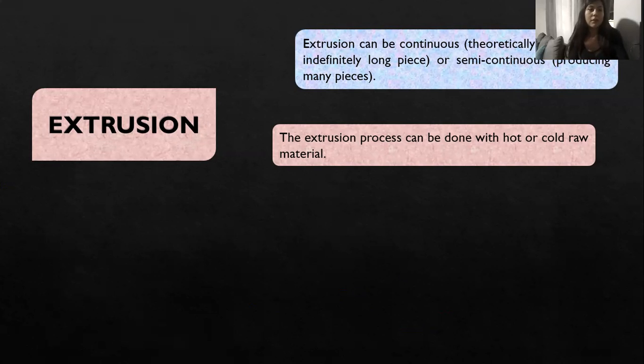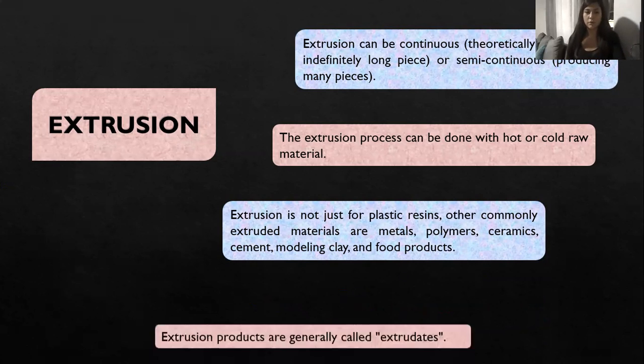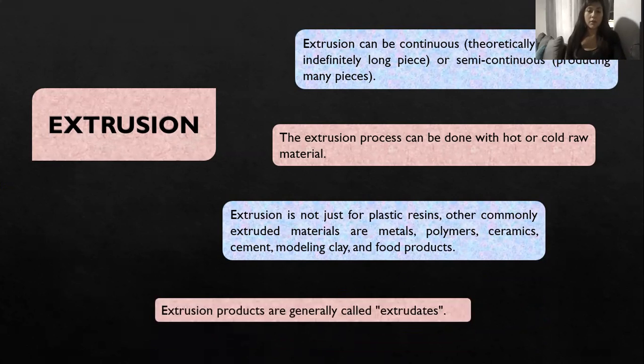Then, the extrusion process can be done with hot or cold raw material. Also, extrusion is not just for plastic resins. Other commonly extruded materials are metals, polymers, ceramics, cement, modeling clay, and food products. All extrusion products are generally called extrudates.